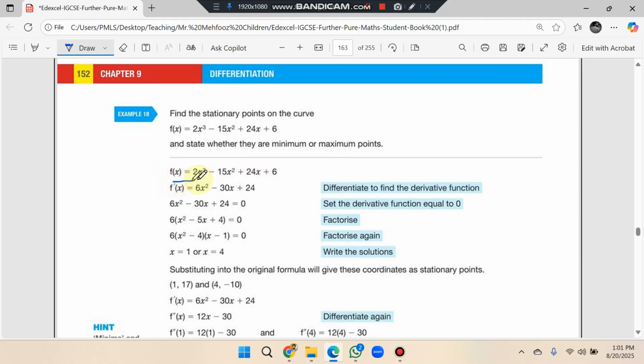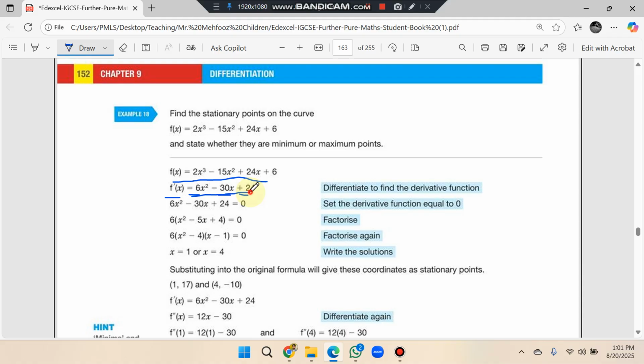So the function is given as f of x is equals to 2x cube minus 15x square plus 24x plus 6, and f prime of x is equals to 6x square, because the derivative of 2x cube is 6x square, and 15x square gives 30x, and 24x gives 24. So this is a quadratic equation.